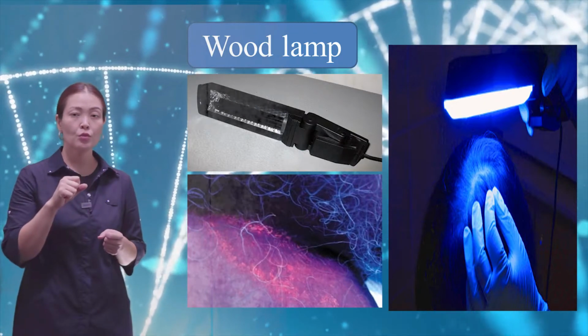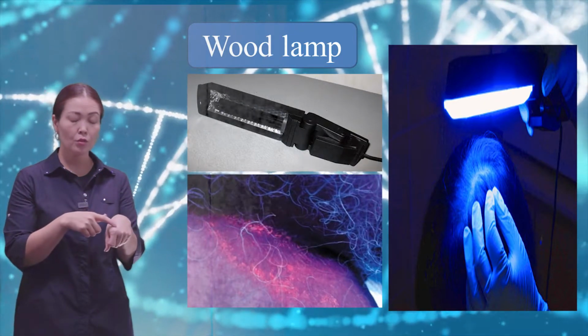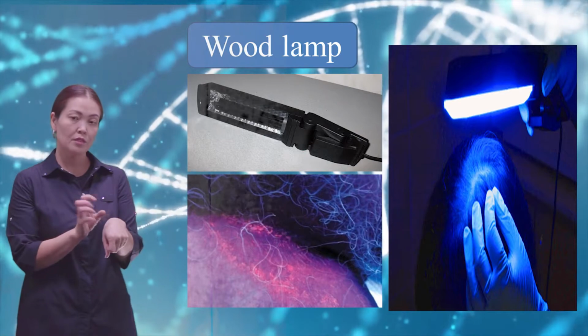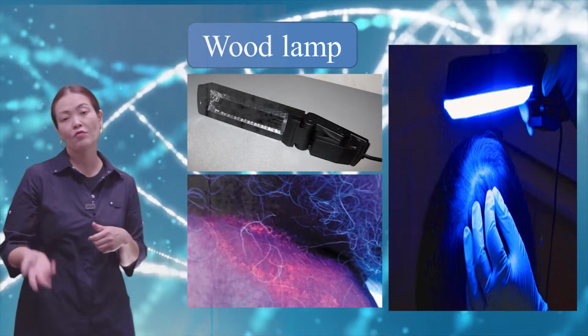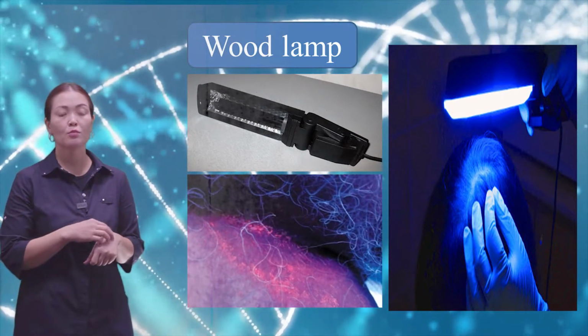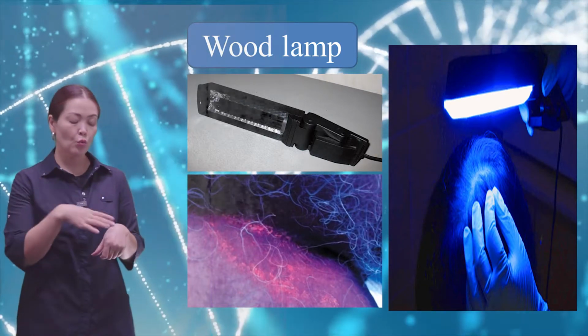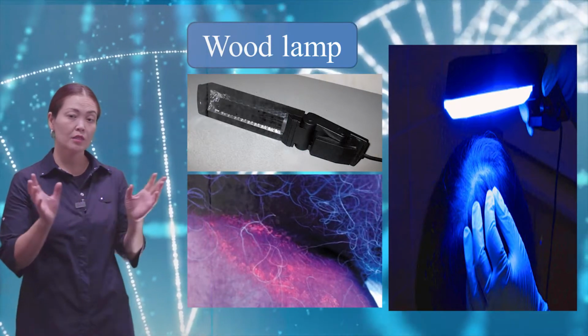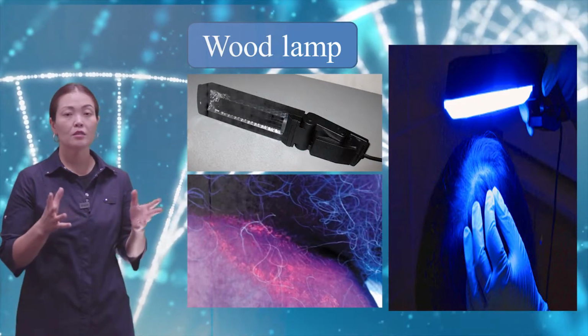After this procedure, you will see that the skin of the patient where the rash is present will have a specific shining, because all types of fungus have their specific spores which, after ultraviolet light, provoke a specific light, a specific shining.